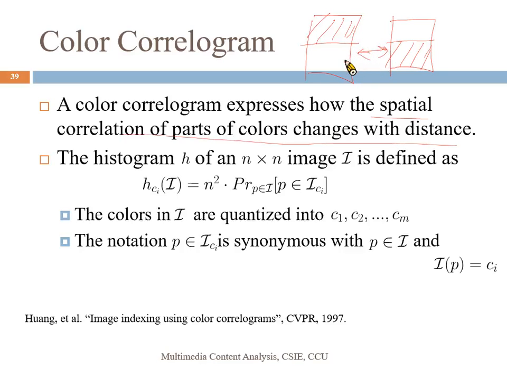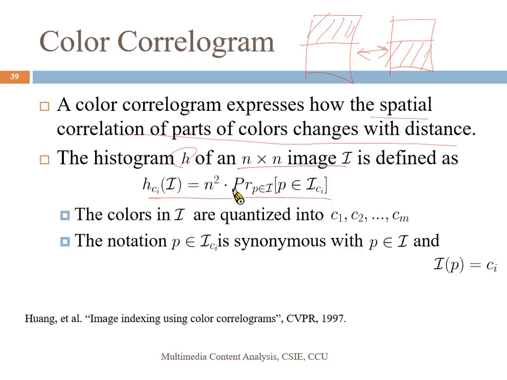That is the shortage of the color histogram: it lacks spatial information. So the color correlogram was proposed to describe spatial information as well. The histogram of an n by n image I is defined as this, which is actually the same representation as we mentioned before.